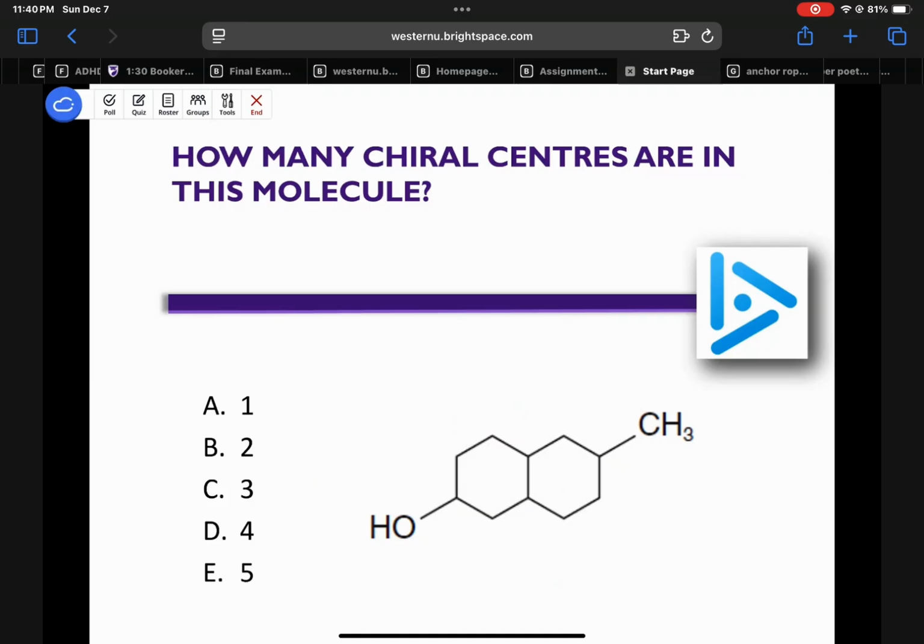So your turn. How many chiral centers are in this molecule? Add those implied hydrogens, work with the person beside you, and submit your answer.